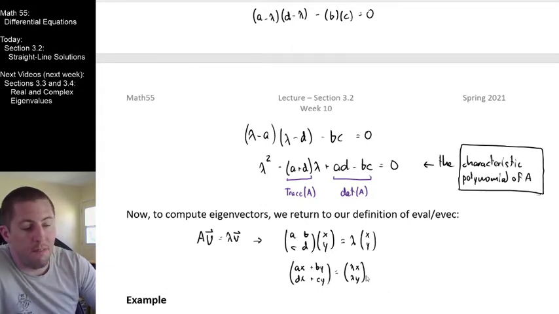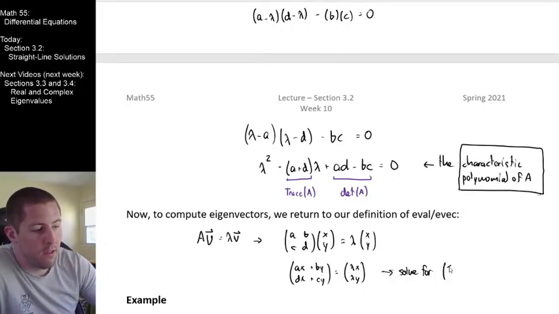And if we can solve this equation for x, y, then we have found the eigenvector.